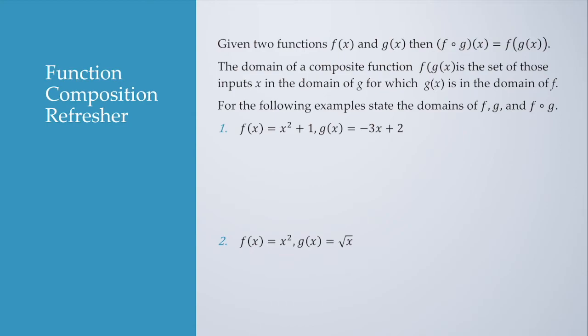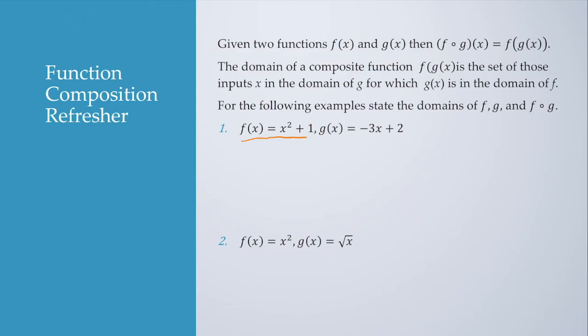Okay, let's find the domain of a composition function. So given two functions, f of x and g of x, then f composed with g of x is f of g of x. So what we want to do is find the domain of our composite function, which is all the x values that are in my domain of g and are also true for that composite function. So let's take a look at example 1. So what's the domain of f in this case?